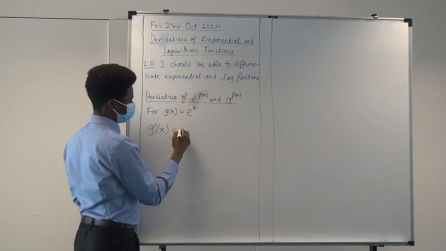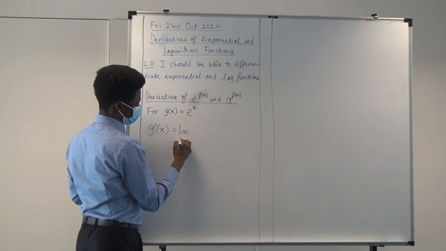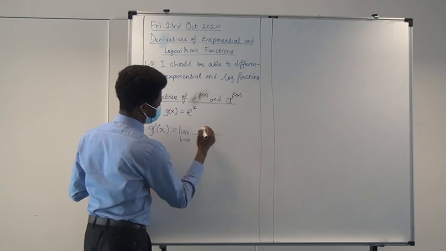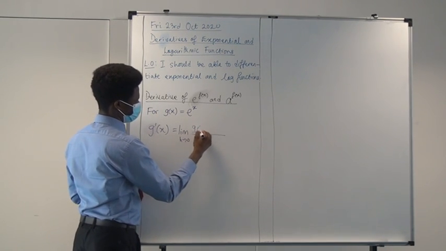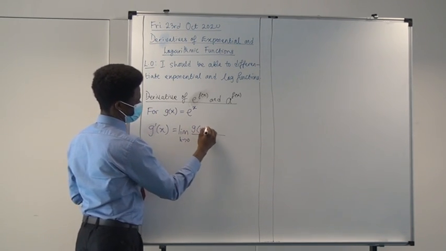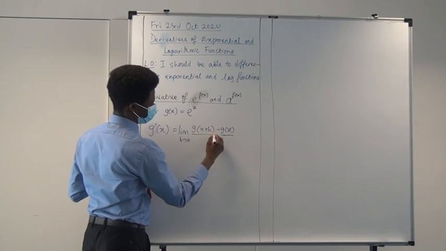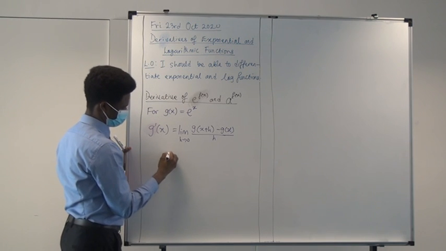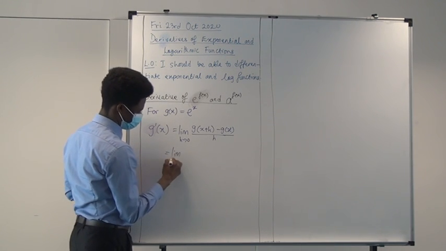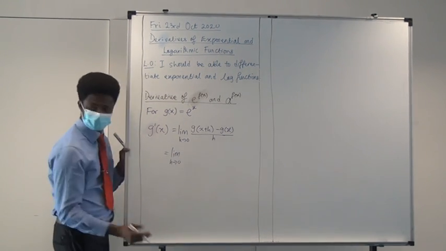do you remember? It's limits as h tends to 0 of what? g of x plus h minus g of x, divided by h, so that will have been limits as h tends to 0, and you guys see?